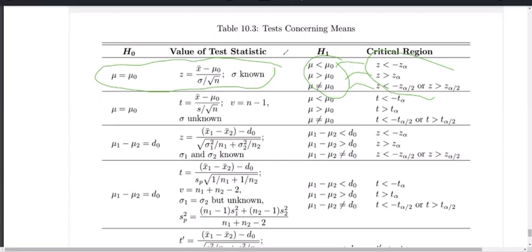But when the population standard deviation is not given, but the sample size is at least 30, you can still make use of Z.